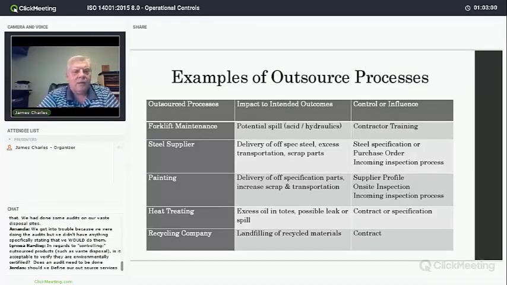So don't get too wrapped up on, is this an outsourced process, an outsourced service? Is this a contractor? Is this a supplier? They're outsourced. We have to decide how they can impact our ability to achieve our intended outcome, and then implement a type of control or influence to mitigate that.